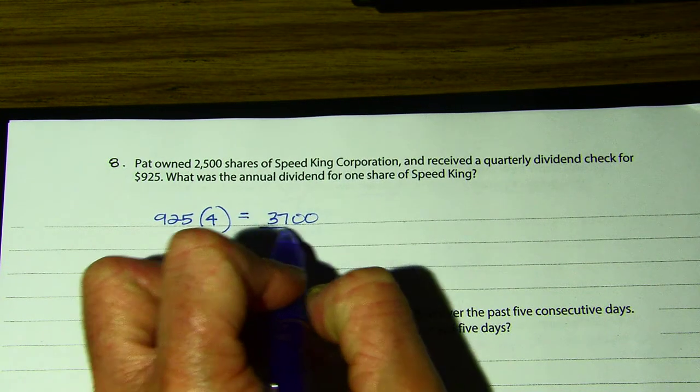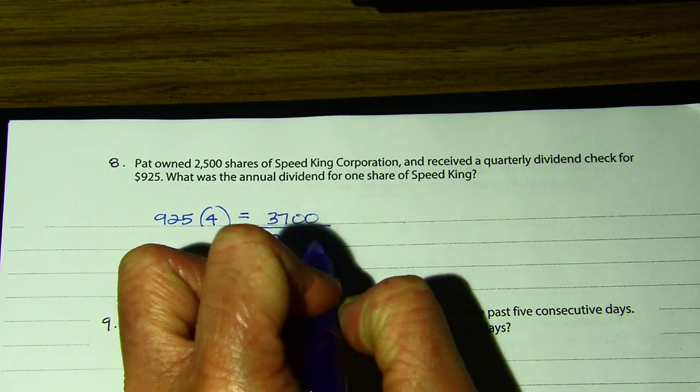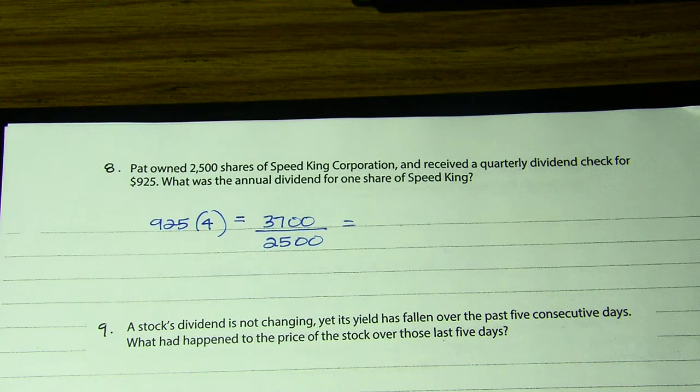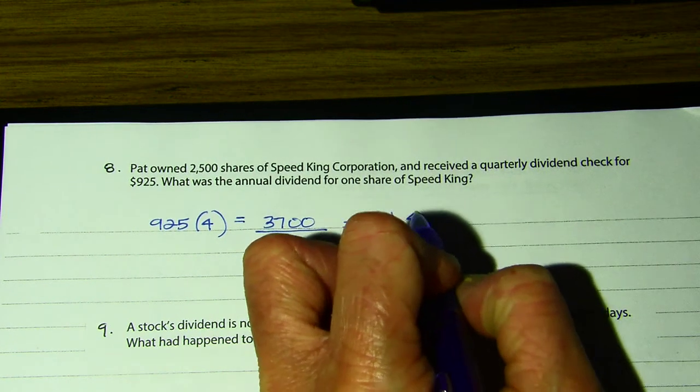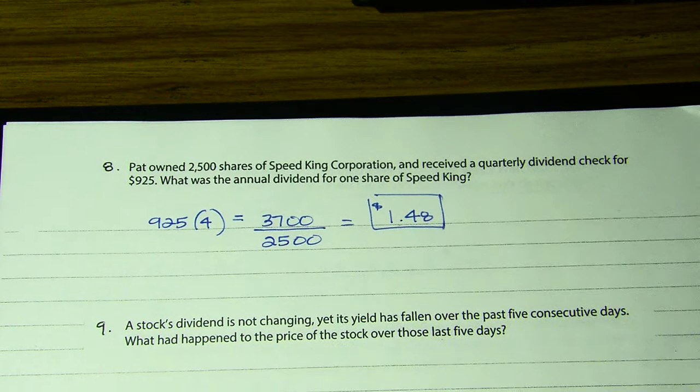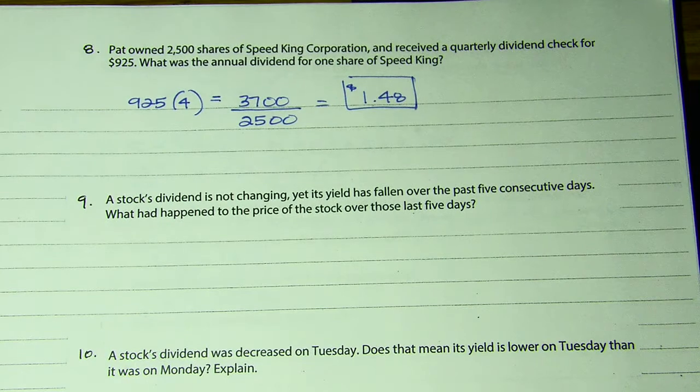But then I had to divide that by the number of shares to get the dividend per share. And that gave me $1.48 per share.